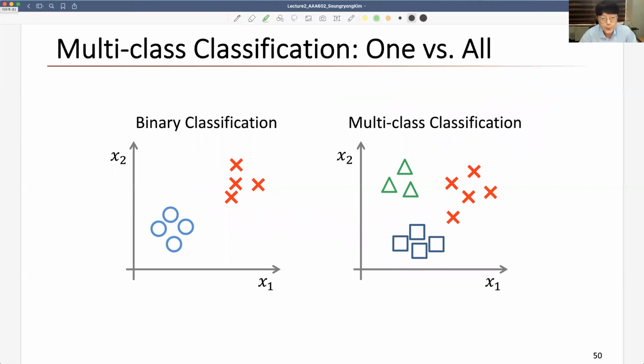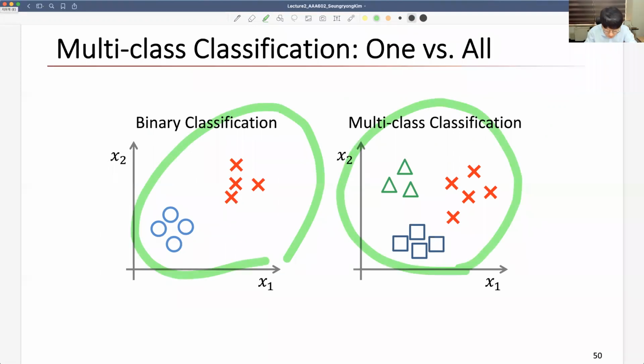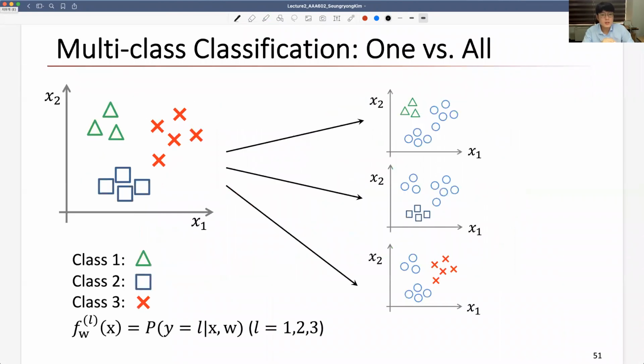Here's an example. This is a binary classification problem, and this is a multi-class classification problem. In the binary classification problem, the decision boundary was something like this one. Then in a multi-class classification problem, how can I define the decision boundary? Here's the idea.